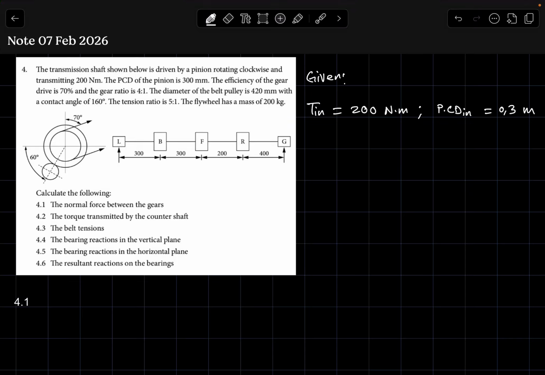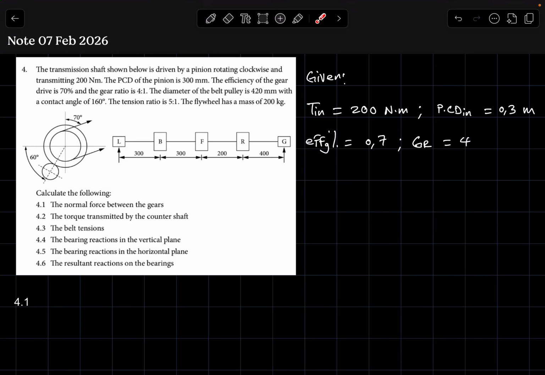The efficiency of the gear drive is equal to 70%, that is 0.7, and then the gear ratio is 4:1, which essentially is equal to 4. The diameter of the belt pulley is 420 millimeters with a contact angle of 160 degrees.